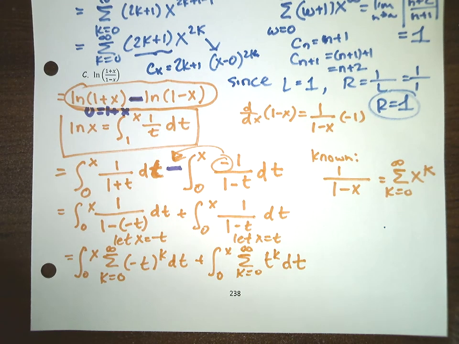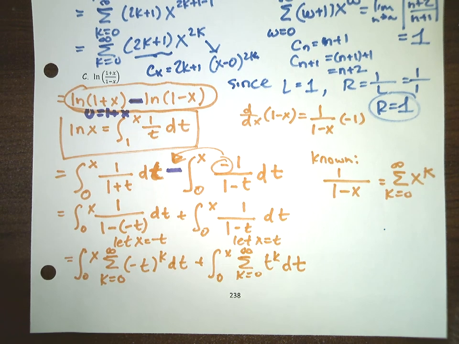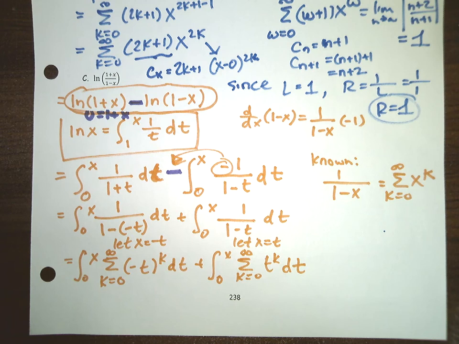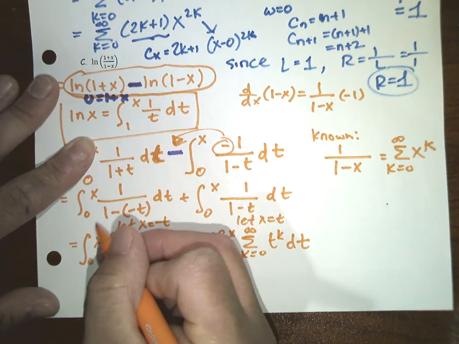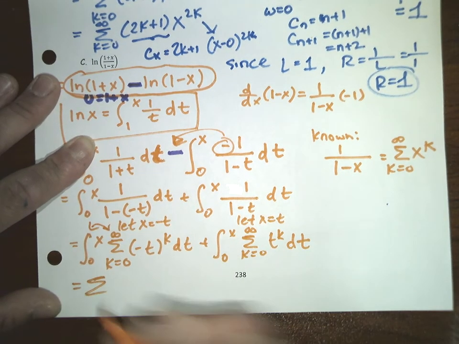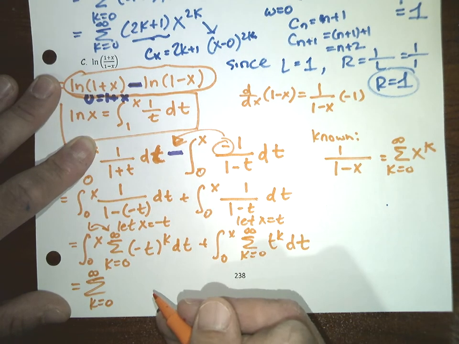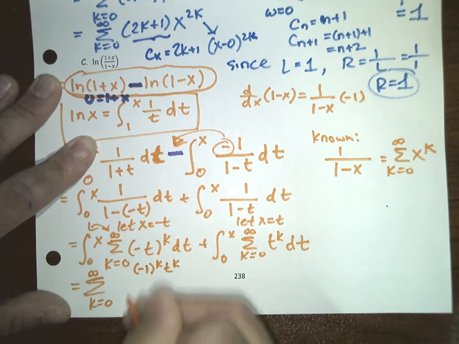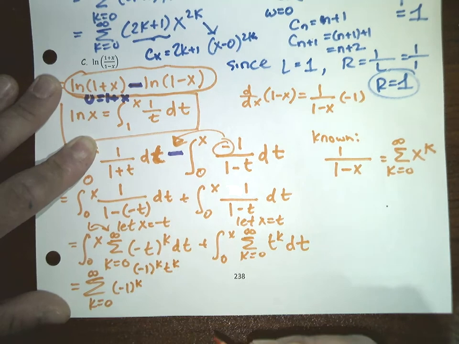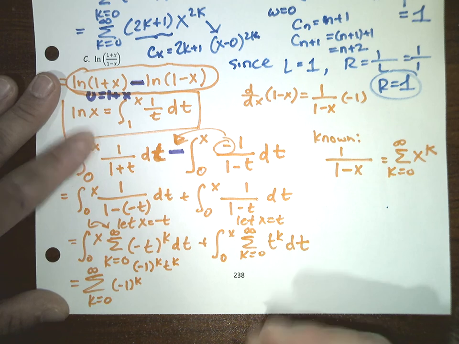All right. So now, what do you do after this? Well, this is not that difficult to write out. All we need to do is integrate this. So let's interchange the sum and the integral. So we have the sum k equals 0 to infinity of, another thing to remember, I could write this as negative 1 to the k times t to the k, and bring the negative 1 to the k outside of the integral, and then find the integral using the power rule for integrals.